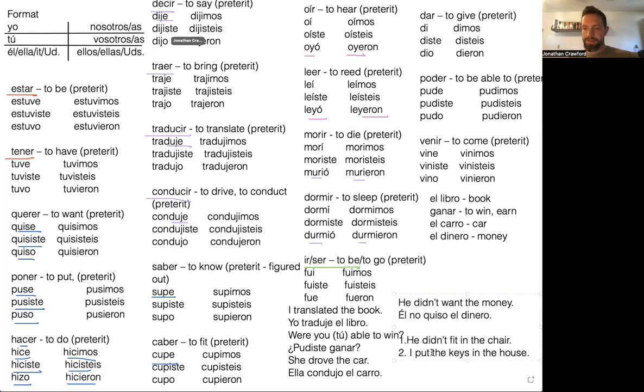So I put the keys in the house. And then let's do another one. My dog died. Sorry if your dog really died. I know it's sad. But remember, it's irregular in the preterite third person.